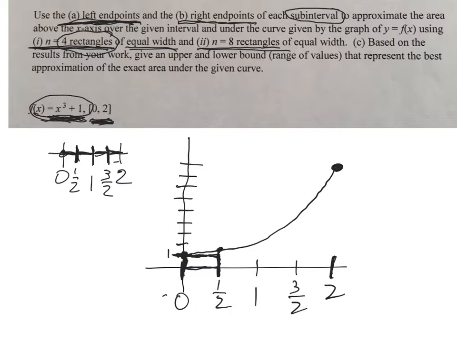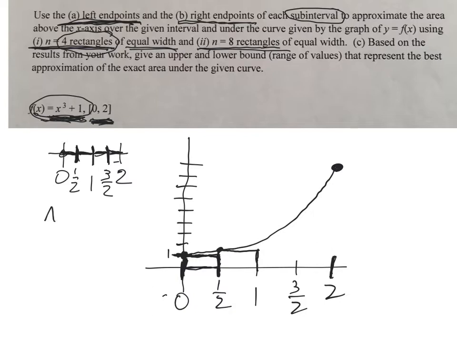Go up to the curve f of 1/2, and then over. There's our second rectangle. Now we start to see a little more space between the top of the rectangle and underneath the curve. So we're getting a little less accuracy, but we'll see how we can get even more accuracy as we move on to the next parts of these problems. That'll be our second rectangle.